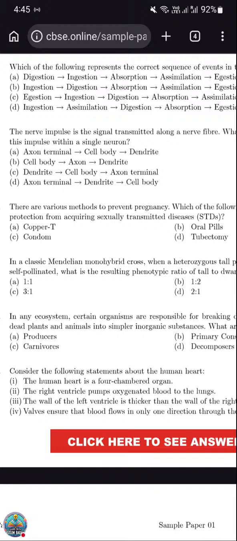So all these will not prevent STDs. So the correct answer is condom, as a condom prevents STDs. Okay, now the next question.